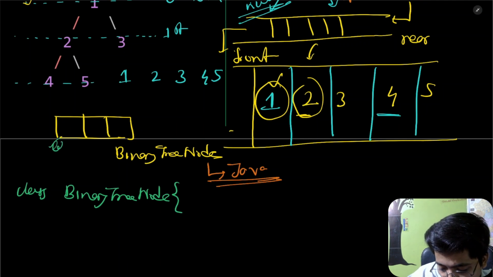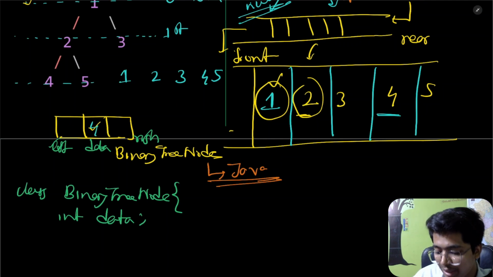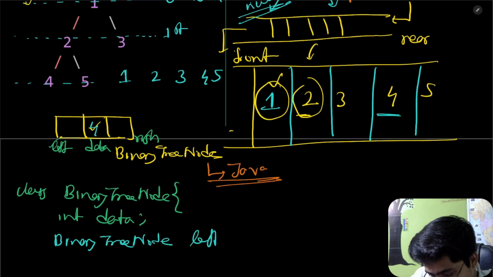This side is called the left, this one is called the right, and the middle one is called the data portion. We can call it value also. Now we'll initialize integer data, because we always store integer values here, either 4 or 5 or something else. Now BinaryTreeNode left and right. So we created the pointers.